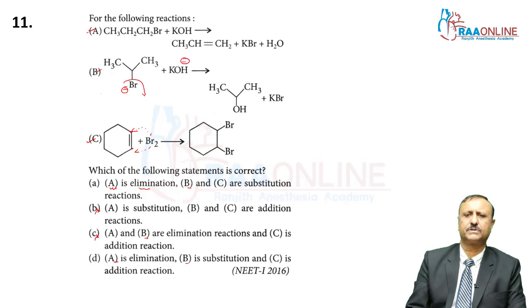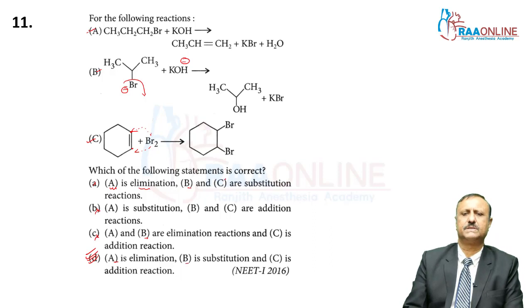So A is elimination and B is substitution, C is not substitution, so the option with C as substitution is wrong. In option D, A is elimination, B is substitution, C is an addition reaction. That's why you can go to option D. The 11th correct answer is D. This question was asked in NEET 2016, my dear students. It is a type of reactions: elimination, substitution.